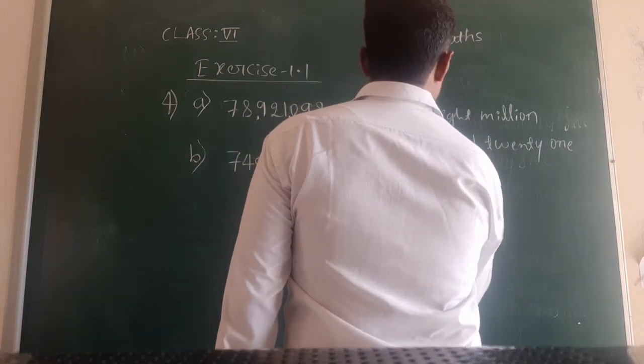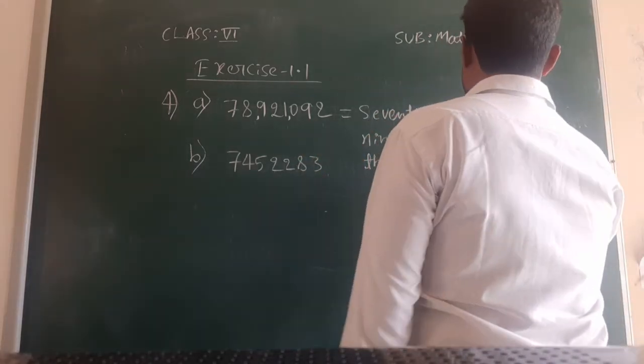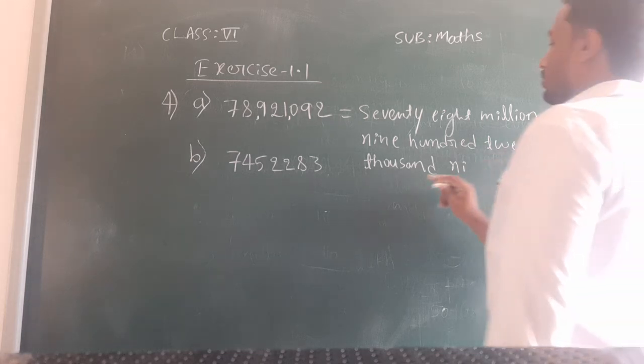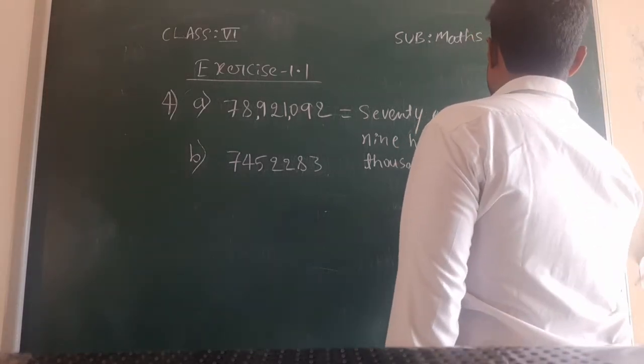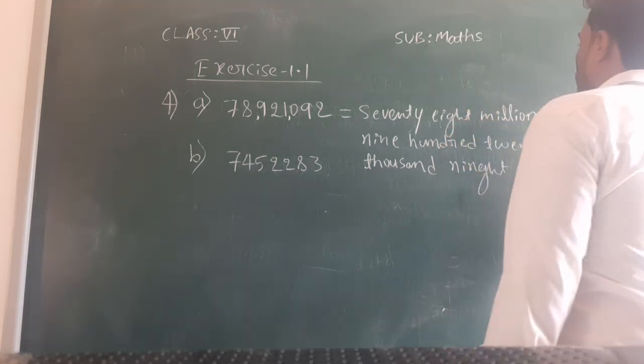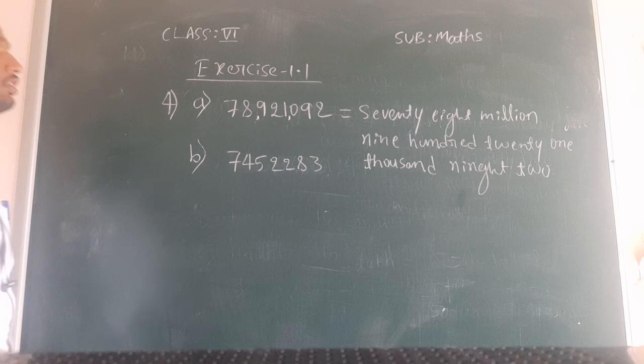In the hundreds position what do we have? Just 92. So we will write 921,092. Okay, like this only.